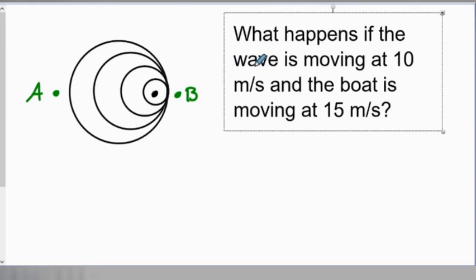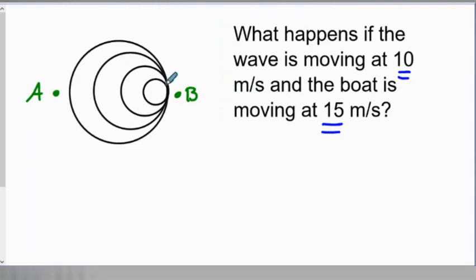Then what happens if the wave is moving at 10, but the boat is actually going faster? So what's happening here is that the boat, instead of being right there, is moving faster than the wave. So B is still going to get the big splash, but the splash won't happen until after the boat has passed them.